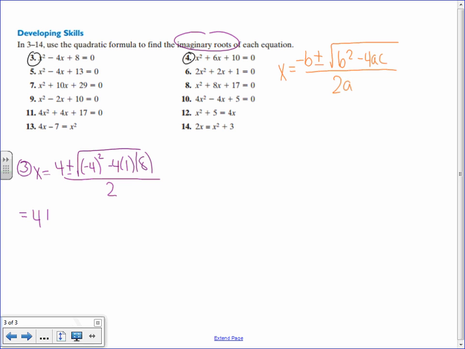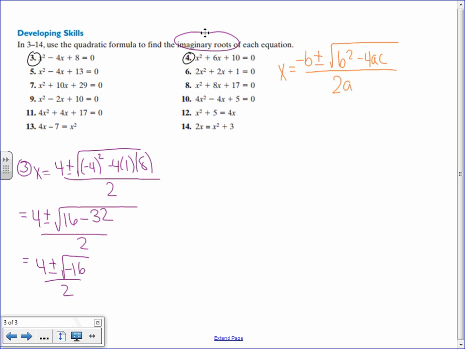So that's going to be 4 plus or minus negative 4 squared is 16 minus 32 all over 2. So you're going to get 4 plus or minus the square root of negative 16 over 2. Now, we know that this is not real, okay, because you have a negative under the square root. But now that we have imaginary numbers, we know how to deal with that.